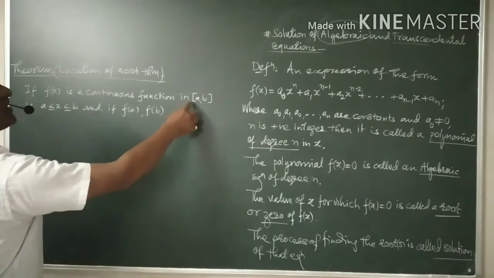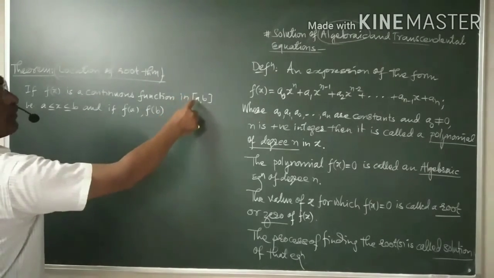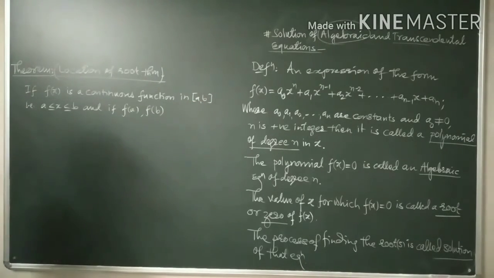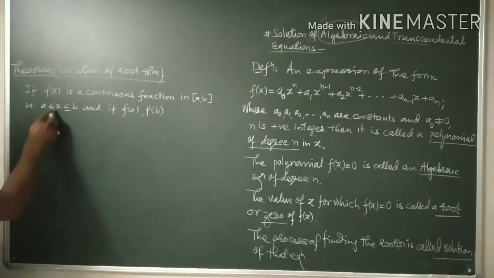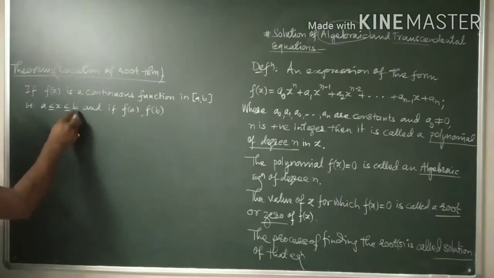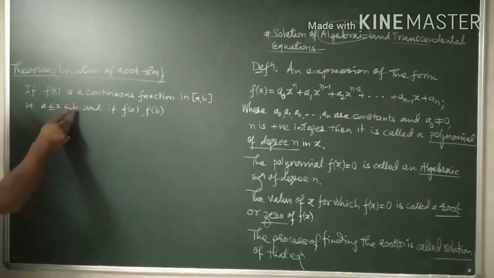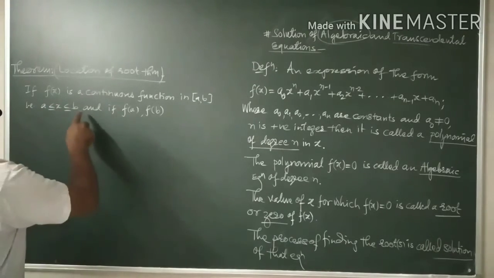Why? Because a closed interval includes both endpoints, as you know from the definition of interval: x is equal to A and x is equal to B. Therefore, one can take the value of x to be A or B.